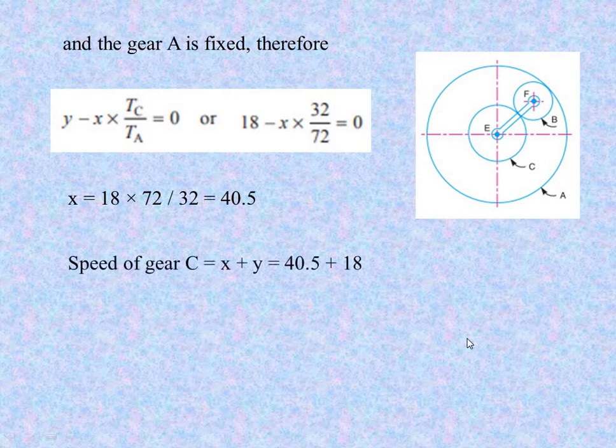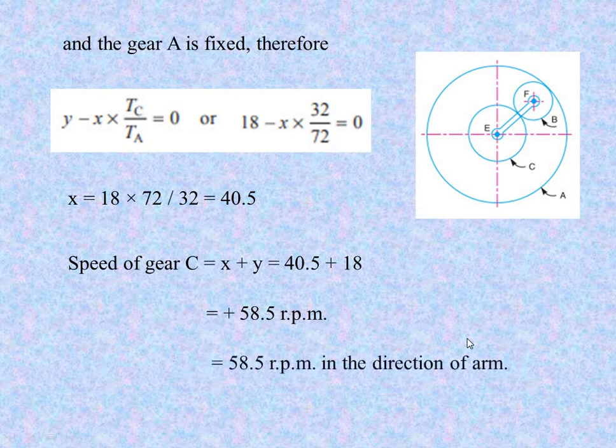So speed of gear C is X plus Y, which is 40.5 plus 18, so the speed of C is 58.5 rpm. The sign is plus, so that means 58.5 rpm in the direction of the arm, that is anticlockwise.